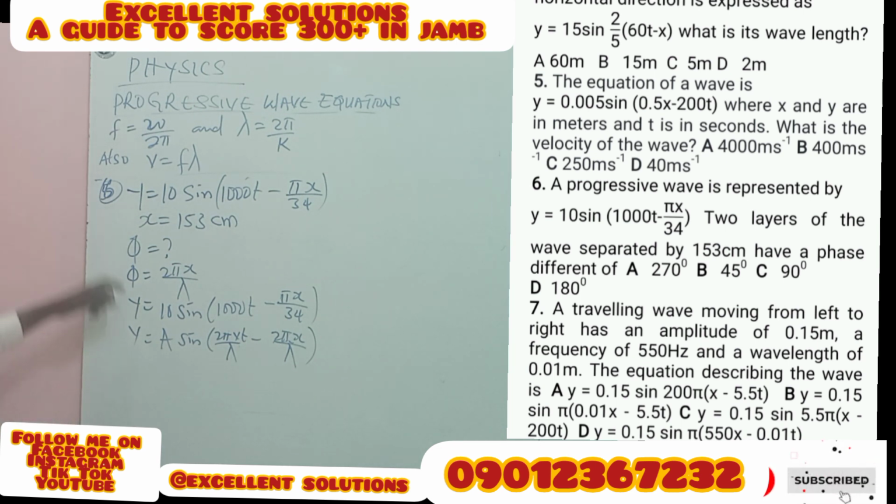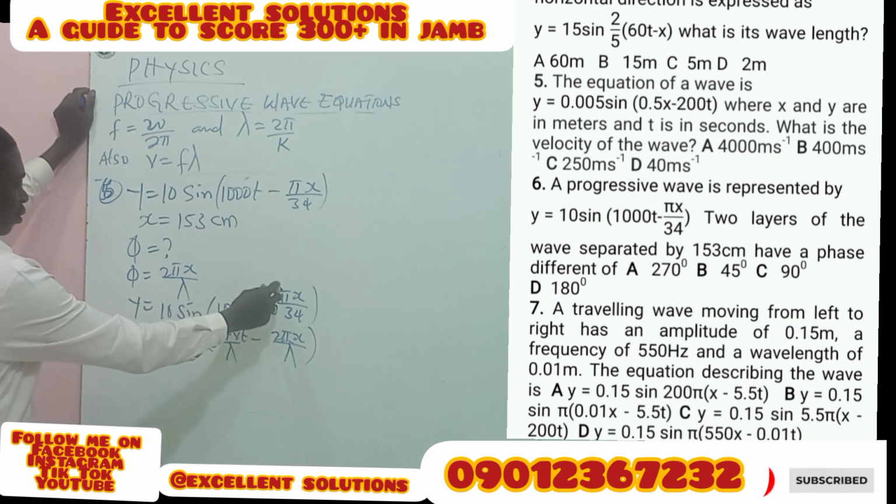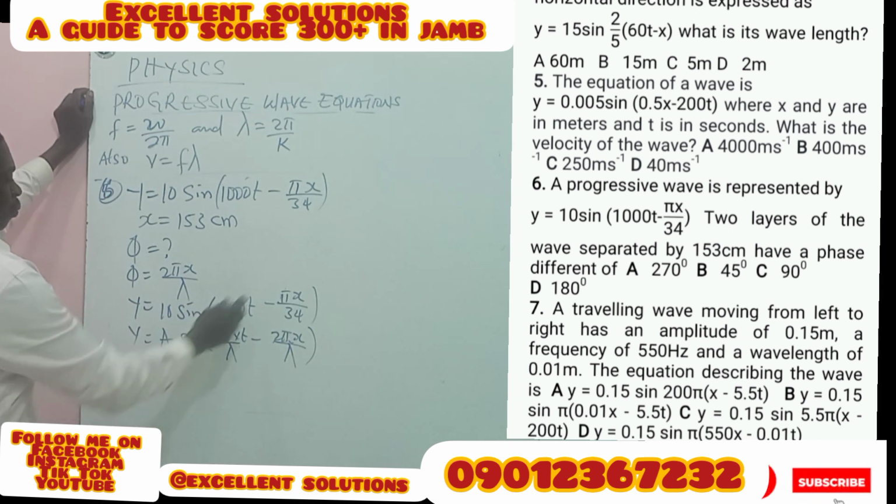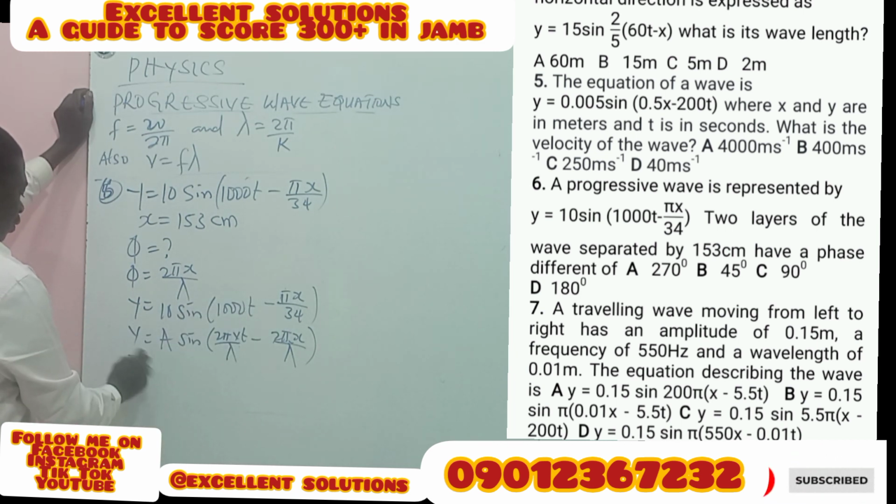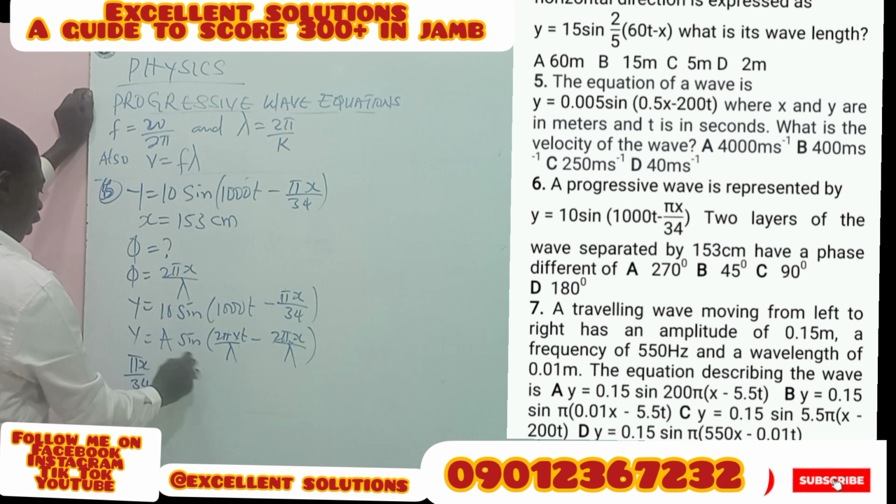But one thing that we need to find is the value of lambda, which is what we don't know. So we now take this and compare. Pi x upon 34 is equal to 2 pi x upon lambda.